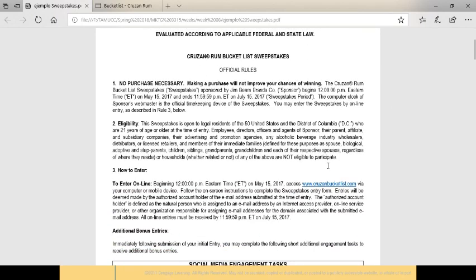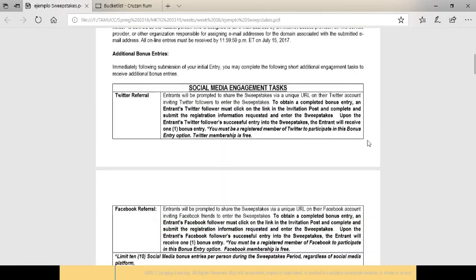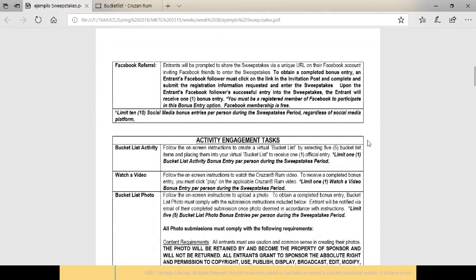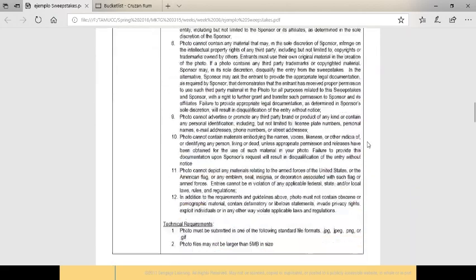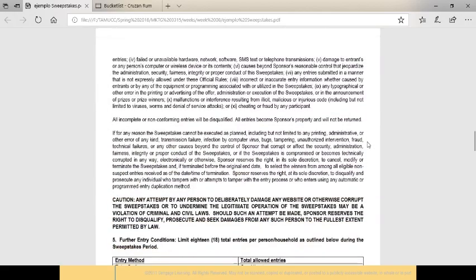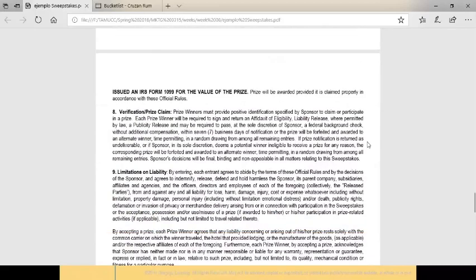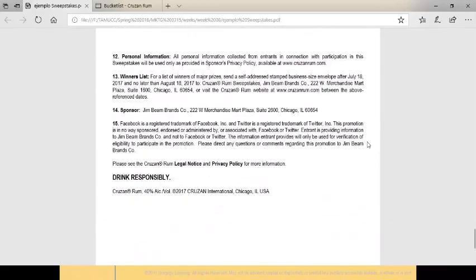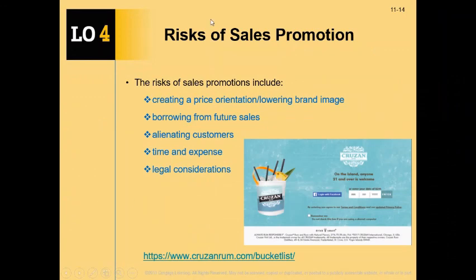And the rules really, I mean, you really need an attorney to do this type of sales promotion because you have to go through many legal requirements. Of course, it depends on the state you are in, but one more time, it's not just a simple task of, well, let's be creative and do some contest. You have to pay attention to the legal implications.